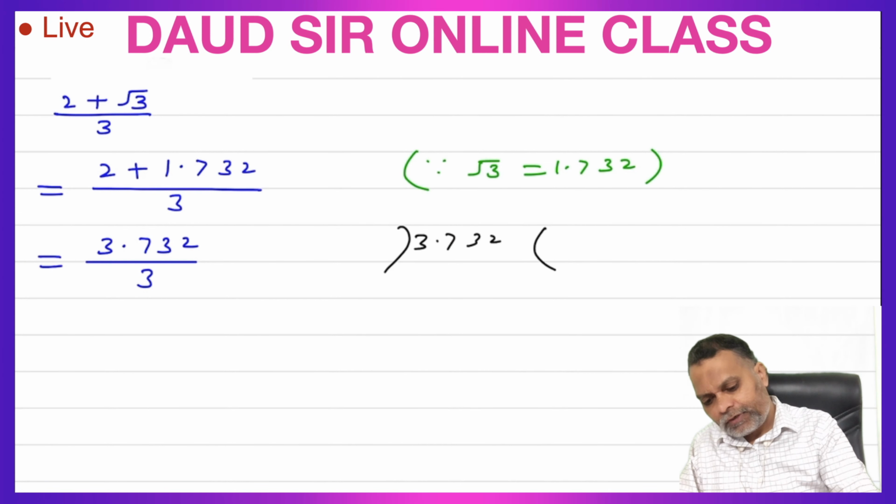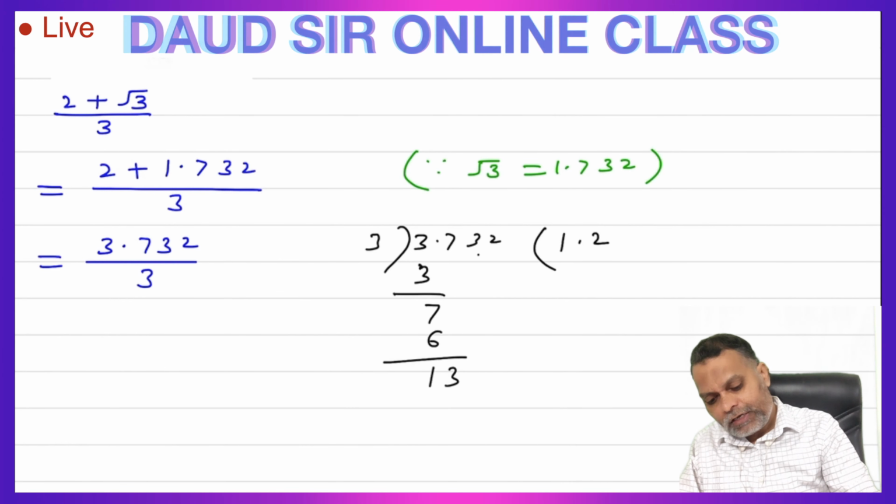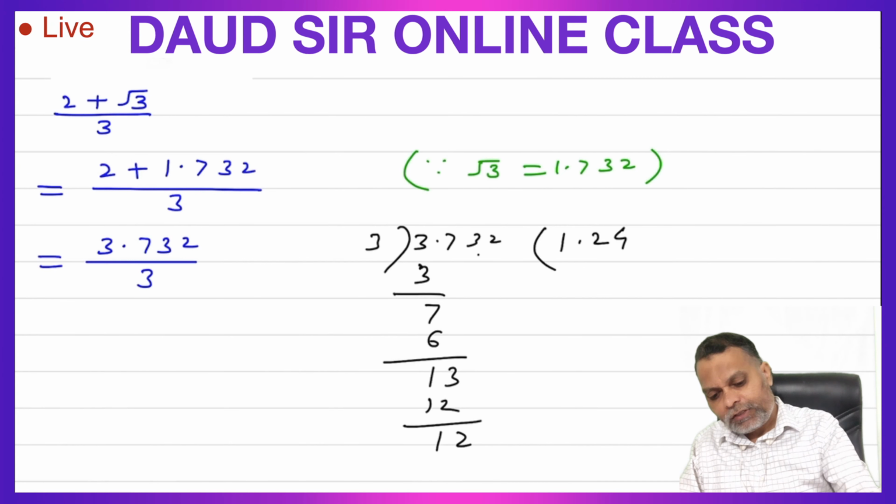Divide this by 3. 3.732 in rough by 3. 3 1s are 3. 0. Put decimal. Bring down 7. 3 2s are 6. 1. Bring down this 3. 3 4s are 12. 1. Bring down this 2. 3 4s are 12. 0.